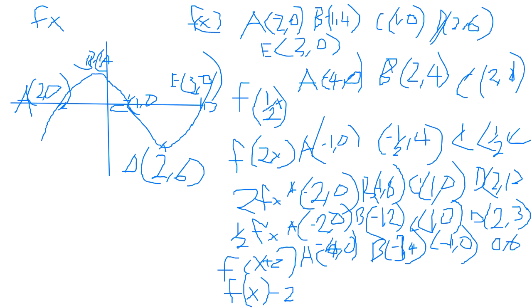So if I say f of x minus 2, the whole function minus 2, that means the graph will move down by 2 units. You see that? In this case your x will remain the same, then you subtract from the y. So my point A will now be minus 2 and minus 2.